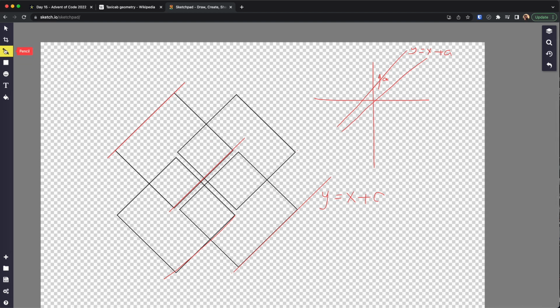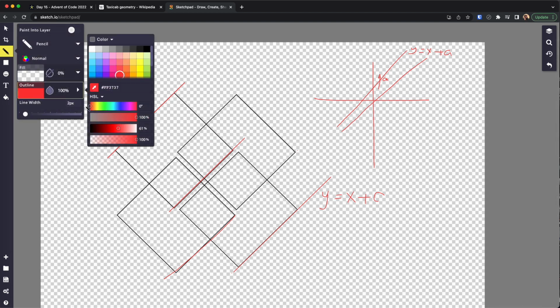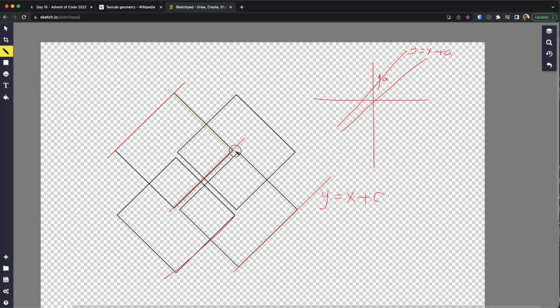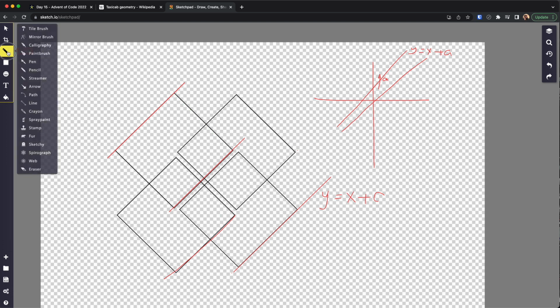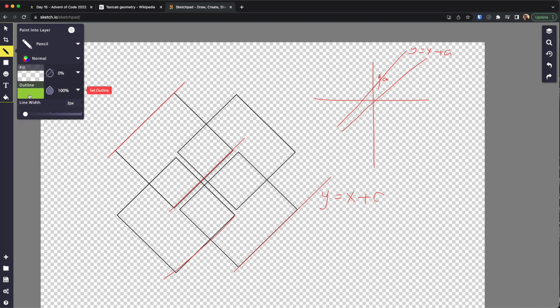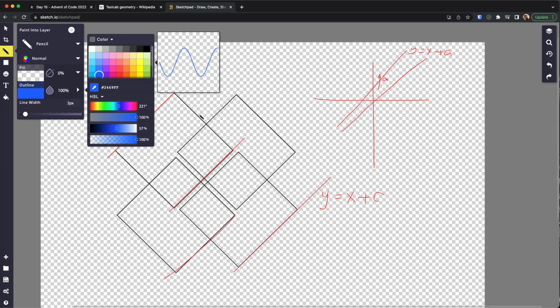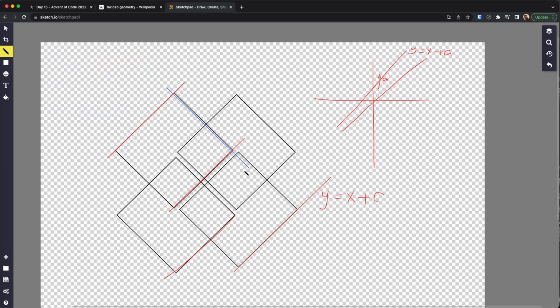And for the other lines, for example these ones, let me say, maybe blue. For these lines, our equation is minus x plus some constant, and this is changing, and this is the same here, so this will go like this.